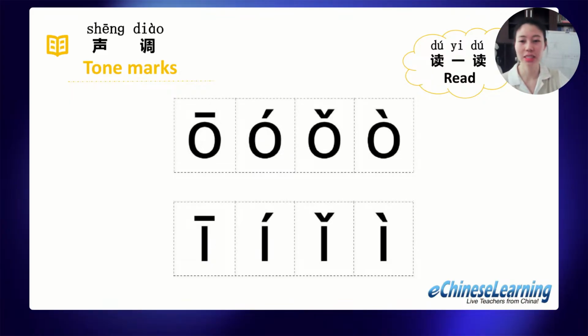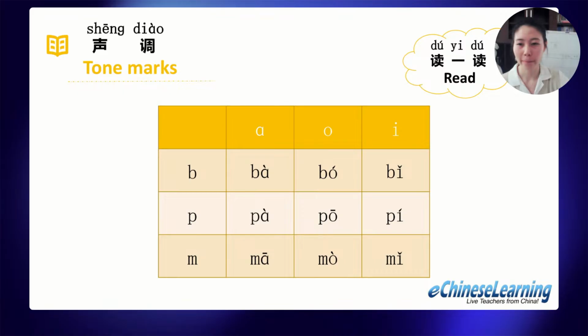Any question for that part? If we don't have any questions, I'm going to move to the next one. Let's practice more with this one. Now you can see above this, in the pinyin chart, we put the different tones on the pinyin, on the top of the final, right?